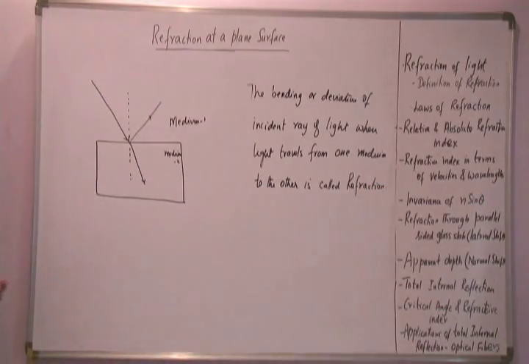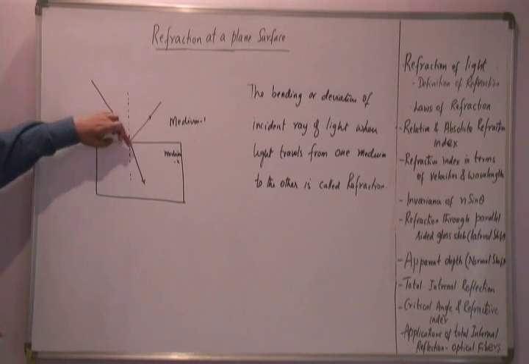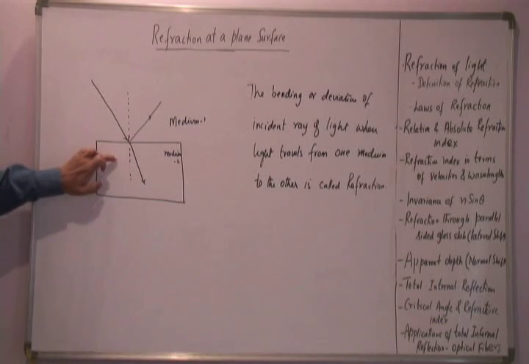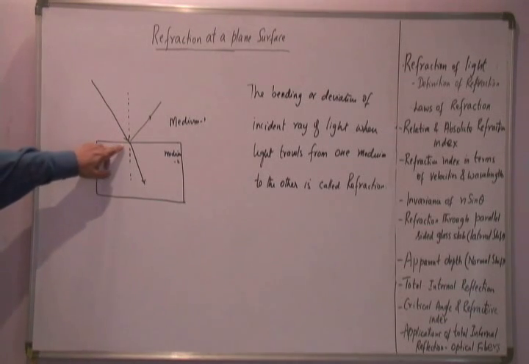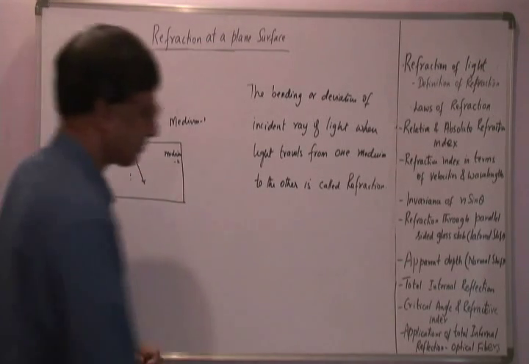So refraction is a phenomenon in which the light ray gets deviated or bends when it travels from one medium to the other medium. This happens at the point of incidence. This is the point of incidence. So that's the definition of refraction.